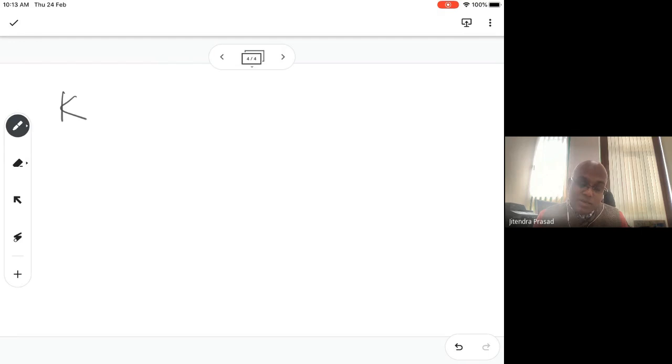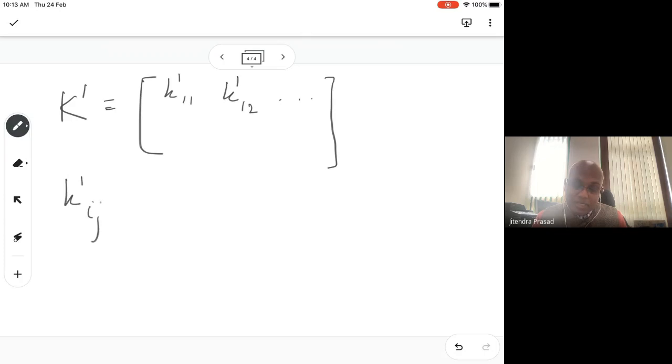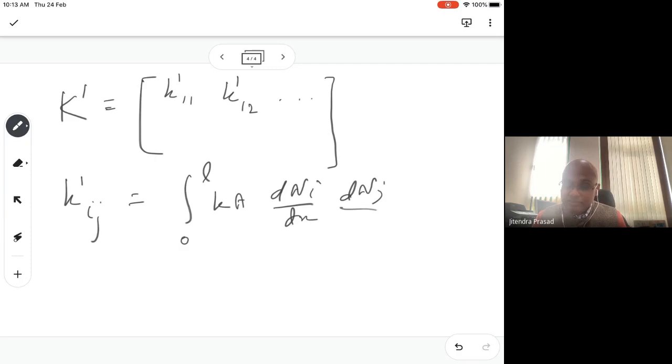So K1 will be coming from, so let's call it K1_11, K1_12, and so on, right? Where K1_ij will be equal to the integral from 0 to L of K A dNi/dx dNj/dx.